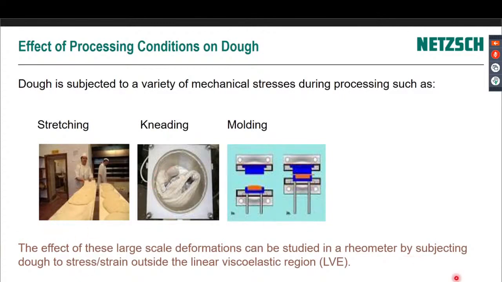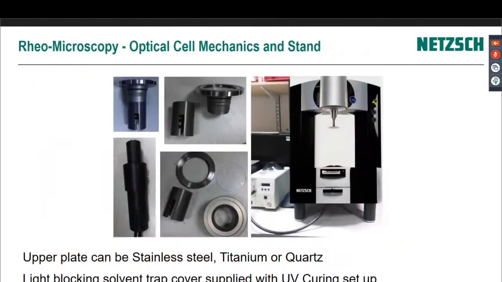You could also do these on a rheometer if you wanted to, by looking at the oscillation and the viscosity profiles just outside the linear viscoelastic region. And those are test methods called large amplitude oscillatory shear, LAOS, or within the linear region would be SAOS, or small amplitude oscillatory shear.